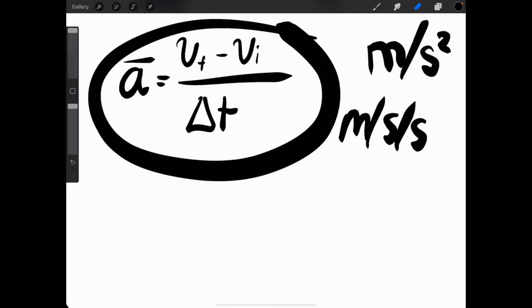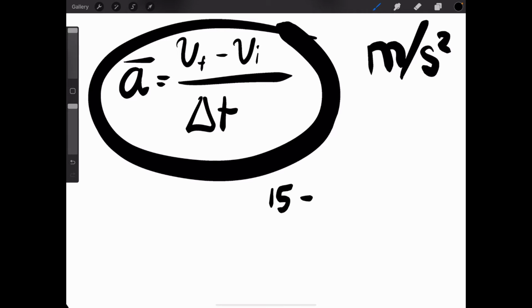What is the acceleration of Harney, who first went 12 meters per second and then went to 15 meters per second? So 15 minus 12, final minus initial, in 14 seconds, let's say. We are following the formula.